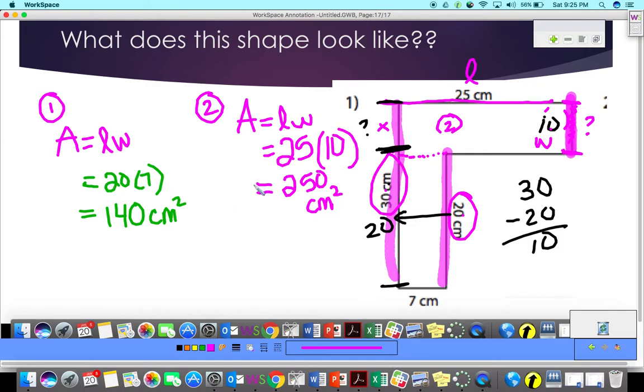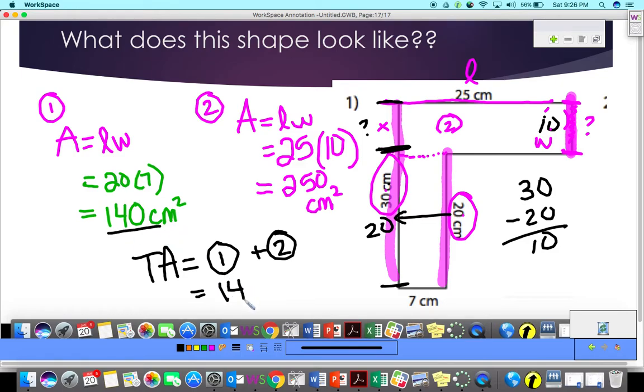Now, I've done some pretty good math. I've got two rectangle areas correctly calculated, but to find the total area, and write TA for total area, I'm basically going to take shape 1 and add it to shape 2. So I take my area from shape 1, that was 140.